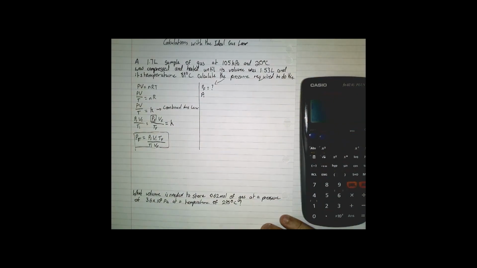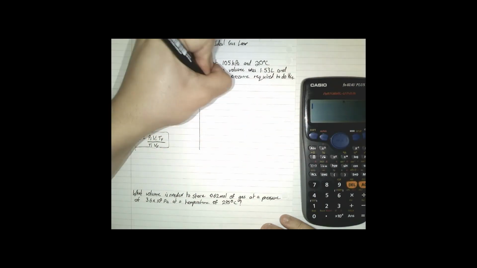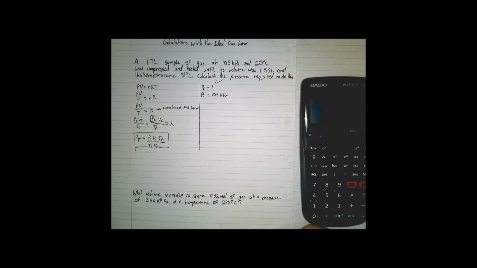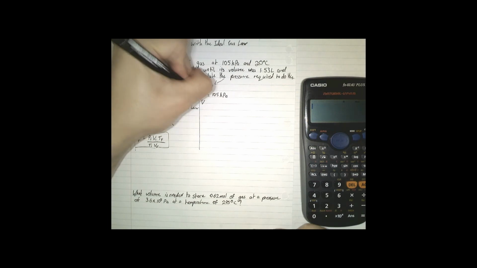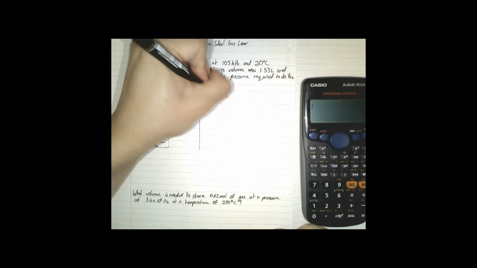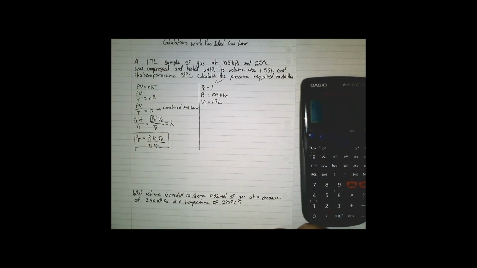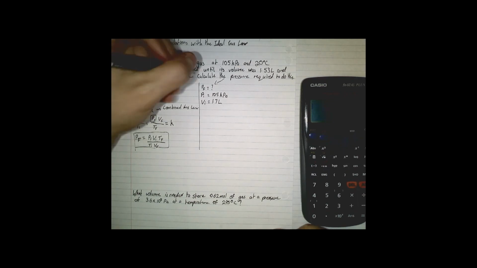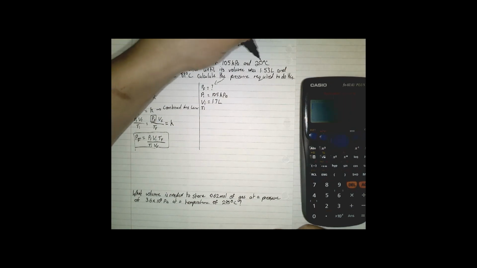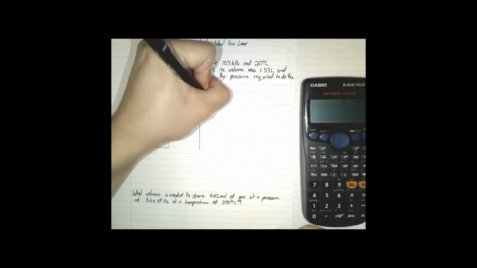PI is the initial pressure, so that is equal to 105 kilopascals. The next variable is VI, the volume at the beginning, and that is here our 1.7 litre sample. We'll put in TI next, and TI is 20 degrees, this value up here.